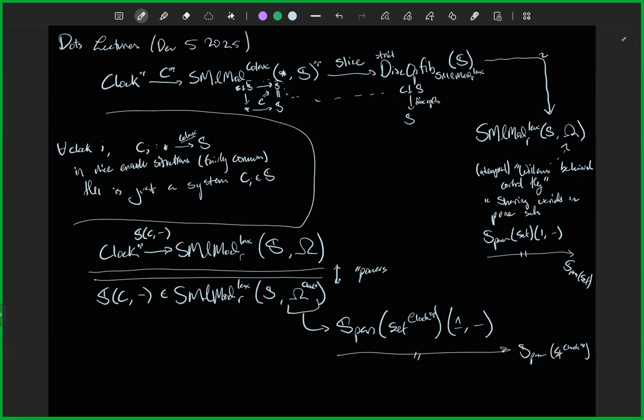And this is just currying. So by currying, in other words, we define S C dash at I to be S C of I dash.